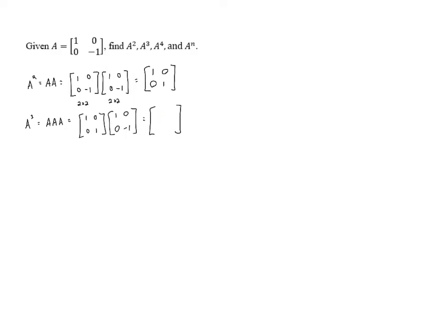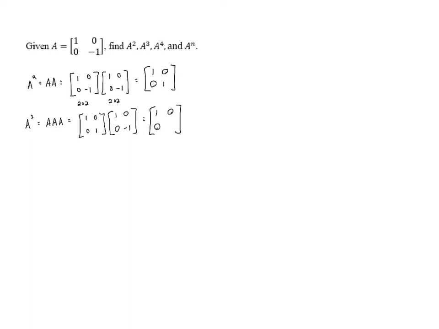For the first entry, we've got the inner product of the first row and the first column. We've got 1 times 1, which is 1, 0 times 0, which is 0. We add them up and we get 1. For the next entry, we've got 1 times 0 and 0 times 1, which is 0.